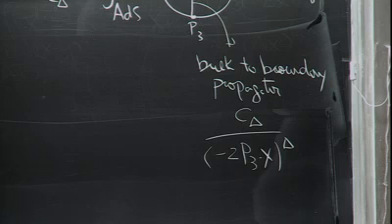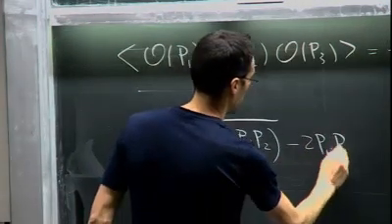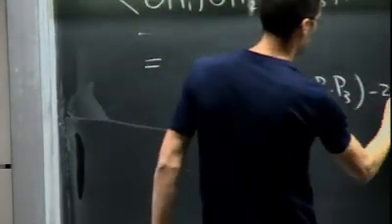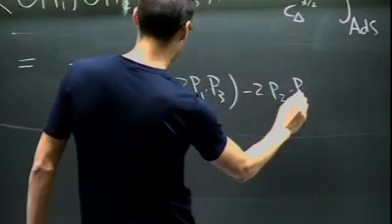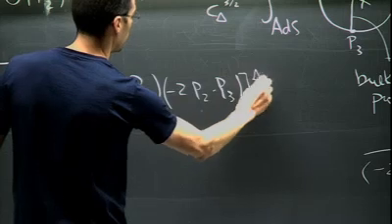So you already know that this must be equal to, I think in this case, 1 over (-2 P1 dot P2), (-2 P1 dot P3), (-2 P2 dot P3), and all of them raised to the power delta over 2.